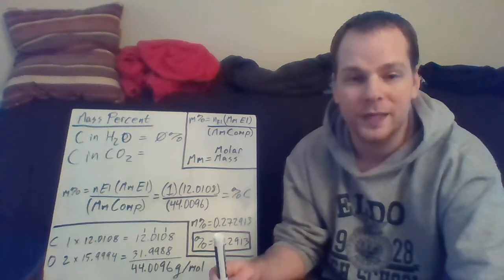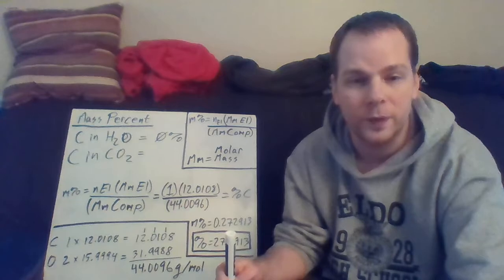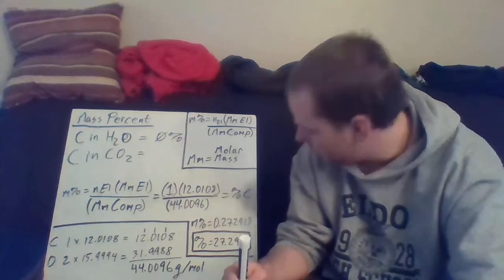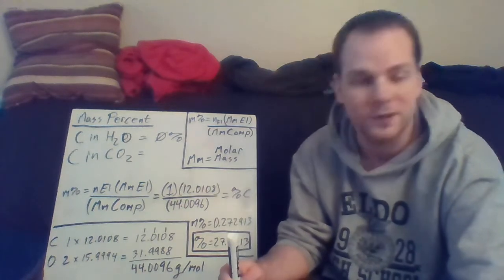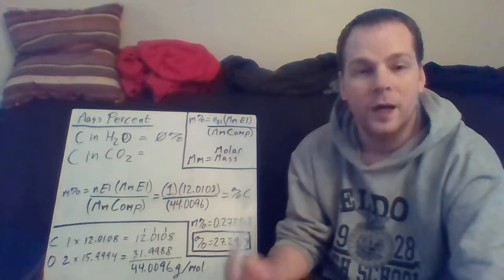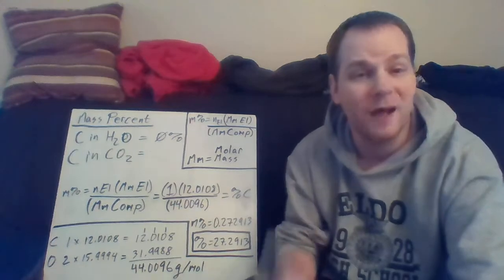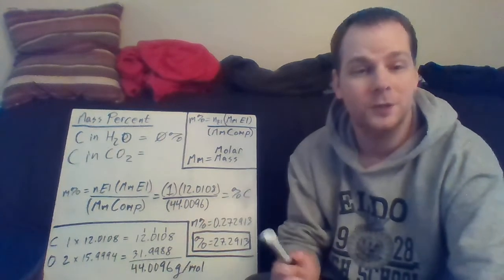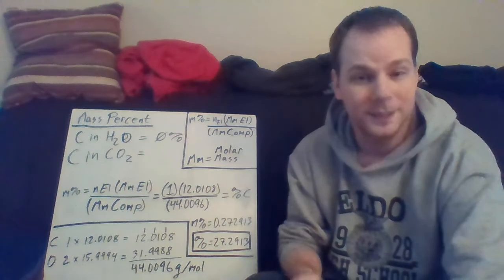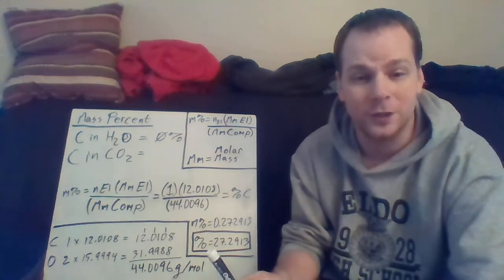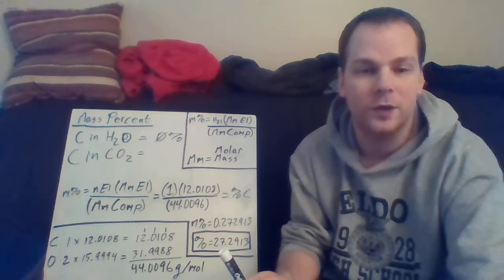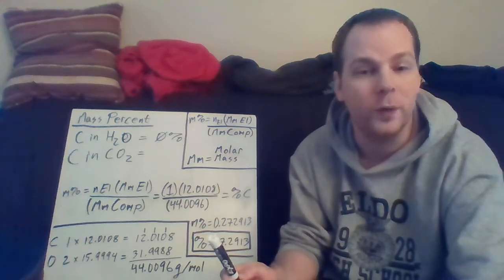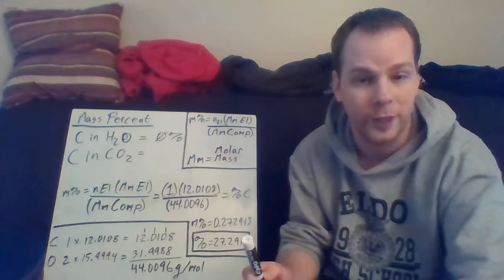Now, the answer that gives you is 27.2913. To turn it into a percent, you have to multiply by 100. Don't forget to do that. So the actual answer is 27.2913, not 0.272913.